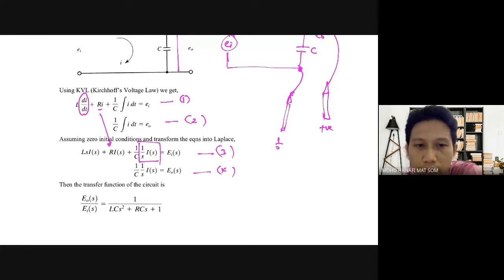When we transform the integration into the Laplace domain, we have this term, 1 over s I(s). Okay, so this is Ei.